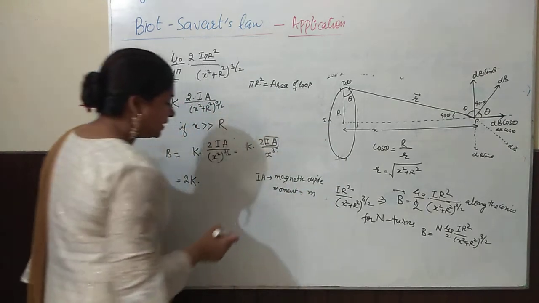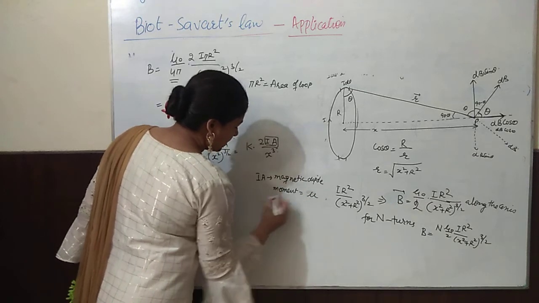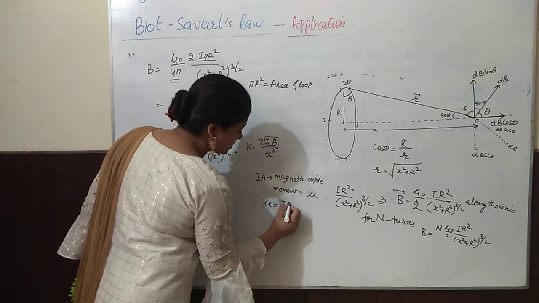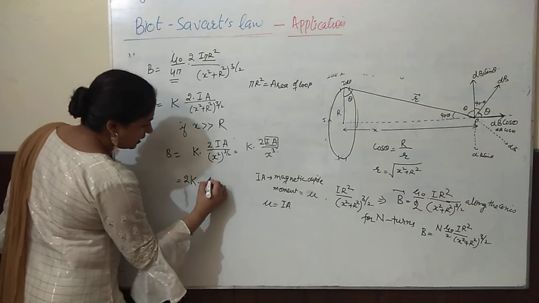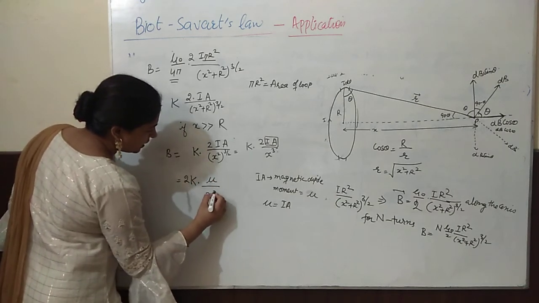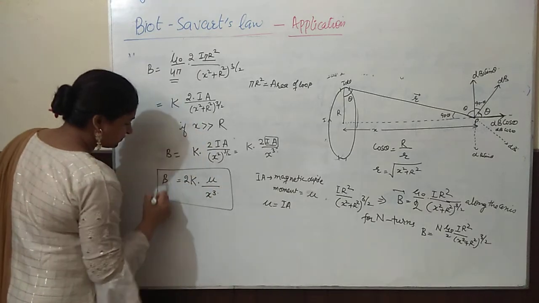Let us write this with mu, we can use mu or m. So mu is the magnetic dipole moment, the product of I into A. So I am writing 2K mu over x cube. So this is the magnetic field.